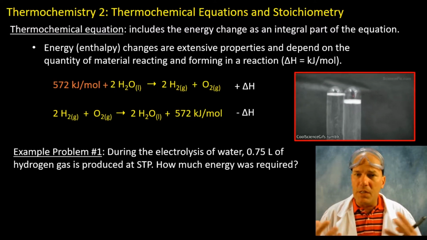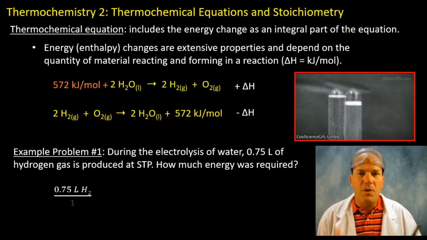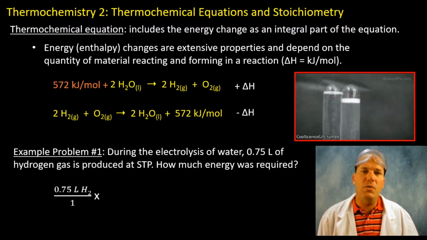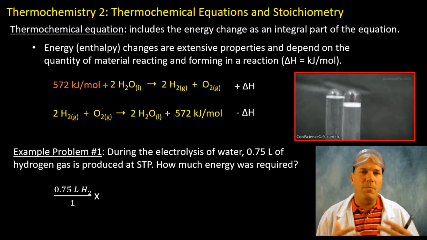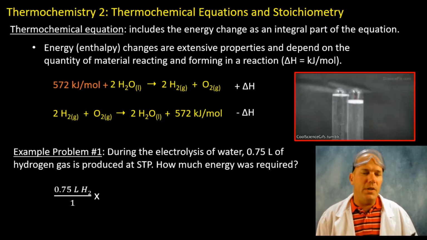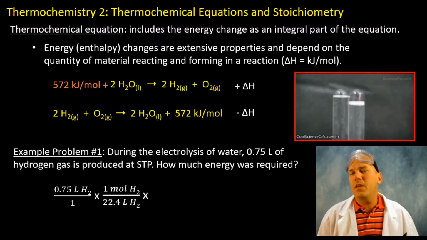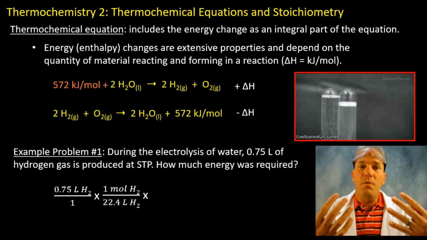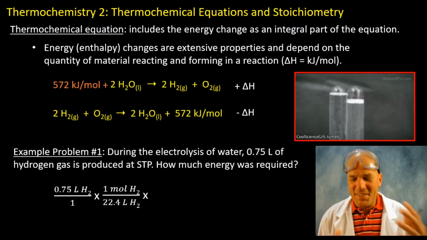So we're going to be using stoichiometry. Let's start with what we know. We have 0.75 liters of gas being produced. We know this is at STP, which means 1 atmosphere of pressure and 0 degrees Celsius. And we know under these conditions, 22.14 liters of hydrogen gas, or any gas for that matter, is in 1 mole of gas.